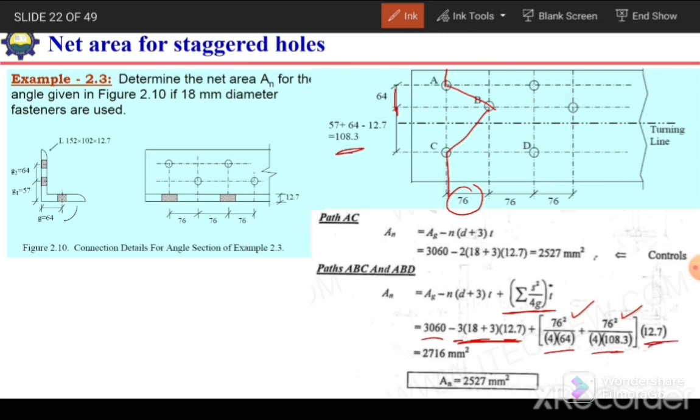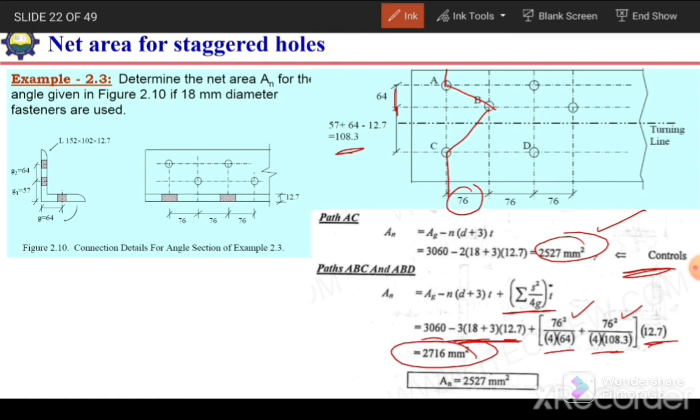Multiply it with the thickness, and we will get this area. If we compare these two areas, this area will be the smaller value, and this will define the critical path. So the critical path will be A and C.